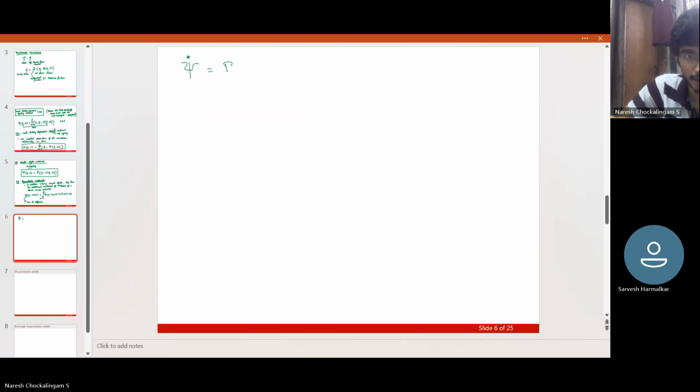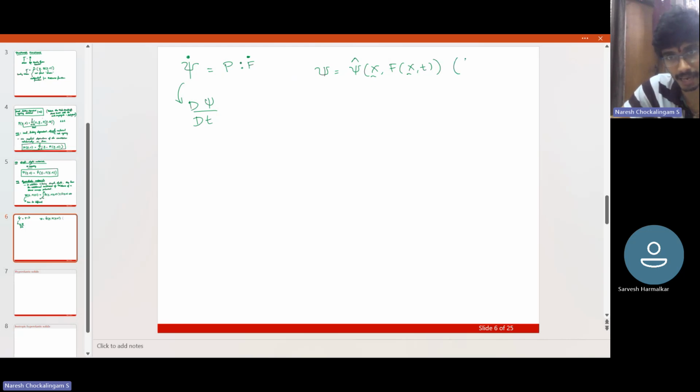It is just T double dot F dot, right? But you also know that this is d psi by dt, and psi at a material point is a function only of x and F of that material point at that instant of time, because such a function exists. It is hyperelastic. Such a function exists, and we assume it is differentiable.